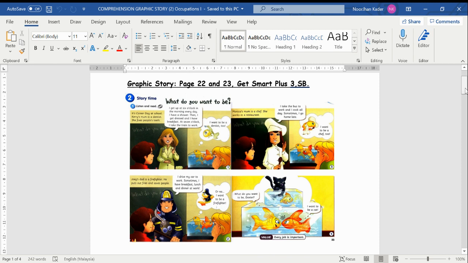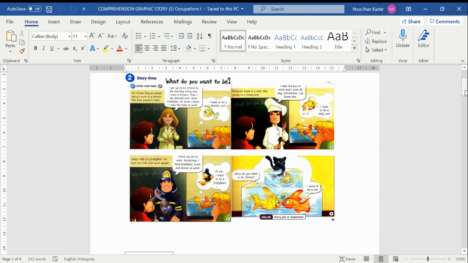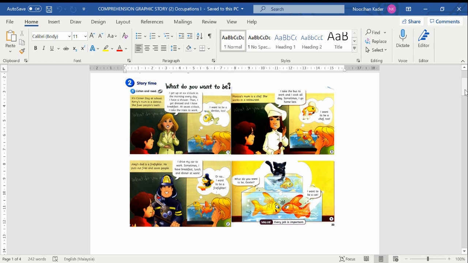So you have to take note of all the details in each frame, because we are going to write answers to comprehension questions. In the previous video, when we wrote a narrative, we wanted to get a summary, a bigger picture of the visual storytelling of this graphic story.